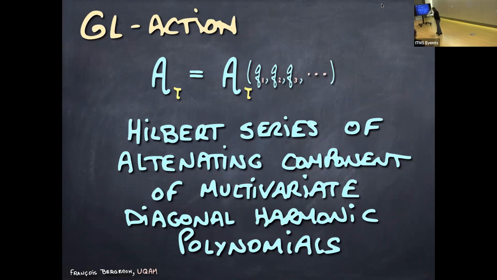So they're going to be Schur positive because of representation theory. In many instances we know how to explain what these things are, although not in full generality. They appear as Hilbert series of components of modules of polynomials.